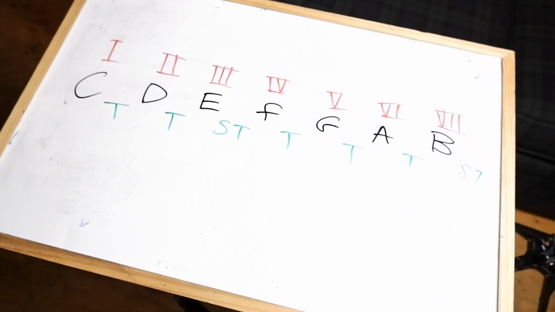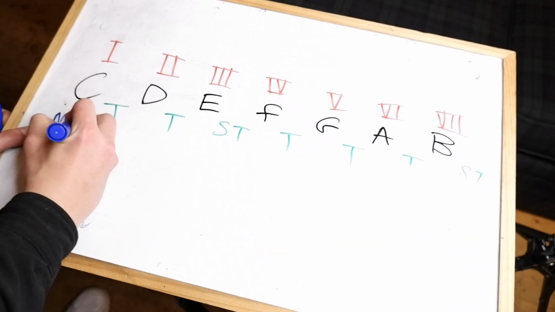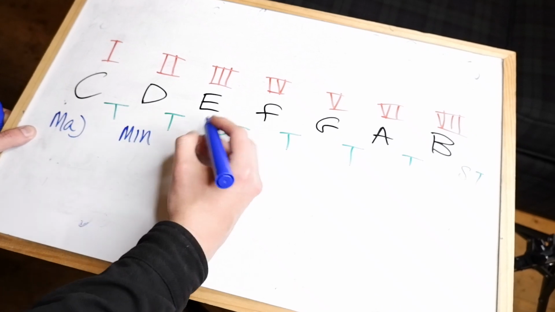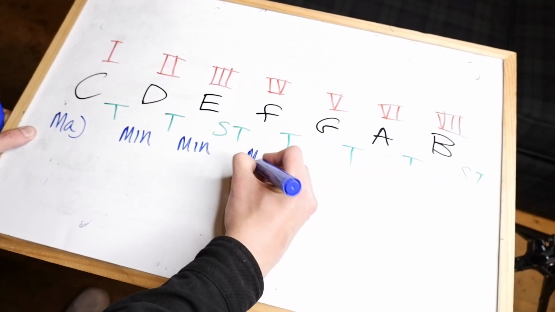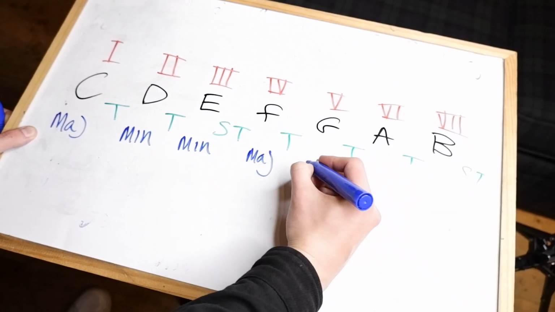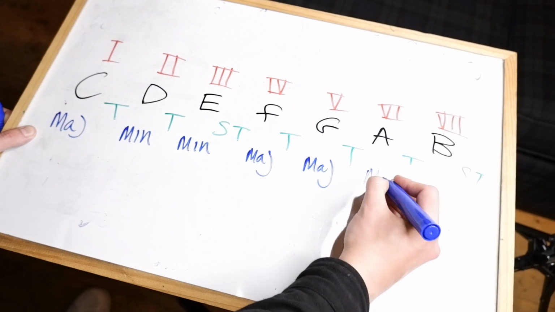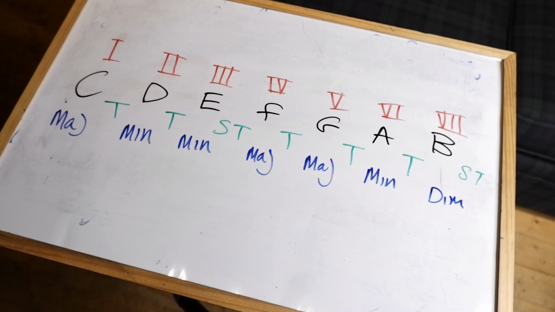Now, if I went and harmonized this scale, I would end up with the C becoming a major, the D becoming a minor, the E becoming a minor, the F becoming a major, the G becoming a major, the A becoming a minor, and the B becoming a diminished.